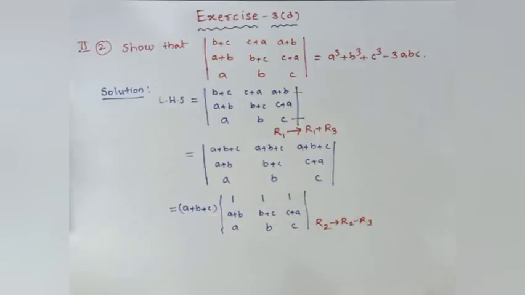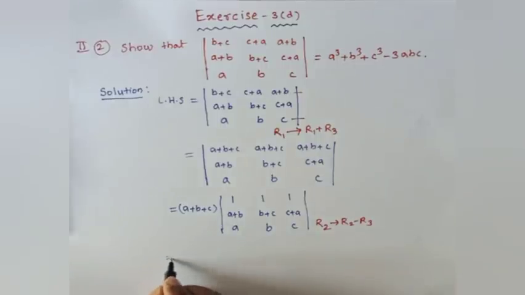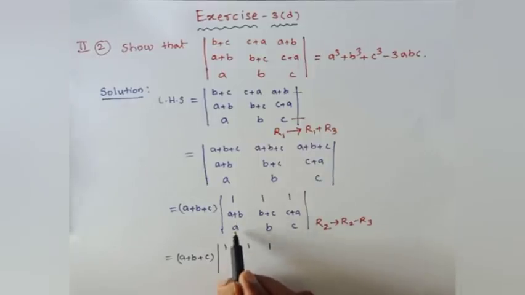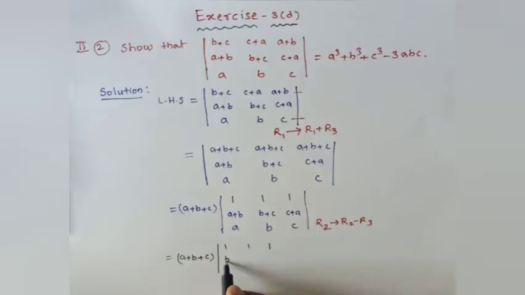Then again a plus b plus c is a common term, a plus b plus c times the determinant, with no change in row 1. A plus b minus a is b, b plus c minus b is c, c plus a minus c is a, and the third row is a, b, c as it is.